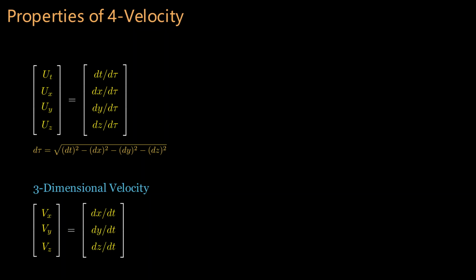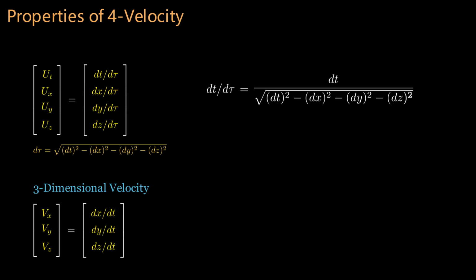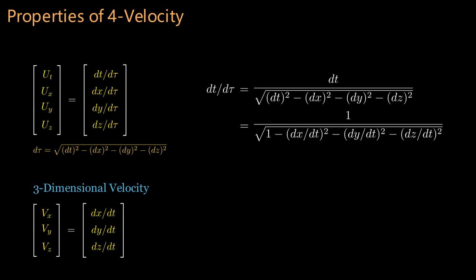First, let's examine the time component of 4-velocity, dt divided by d tau. Substitute the definition of d tau. Divide both numerator and denominator by dt. Based on the definition of velocity, substitute the velocities of each spatial dimension. The sum of squares of velocities in each spatial dimension equals the square of the overall velocity. Thus, we obtain the time component of the 4-velocity.